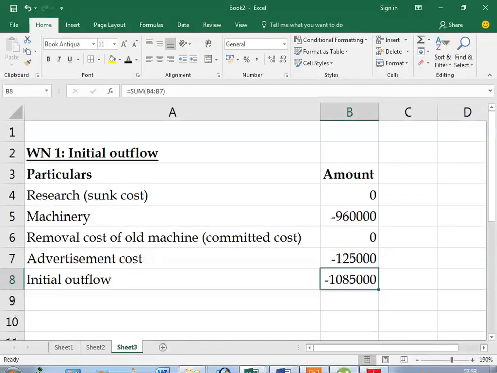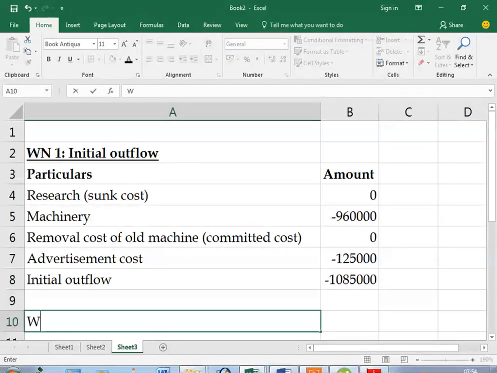It will obviously come in the in-between cash flows also. Clear? Can I proceed?